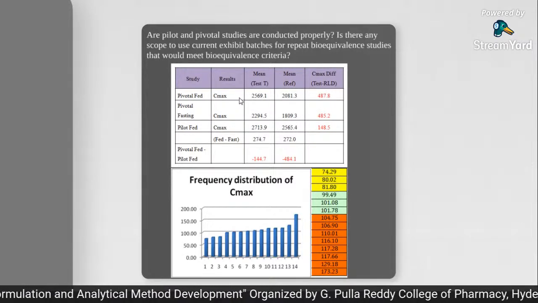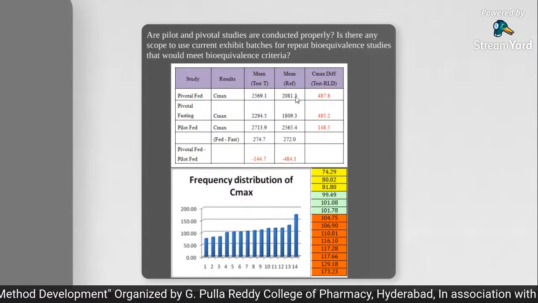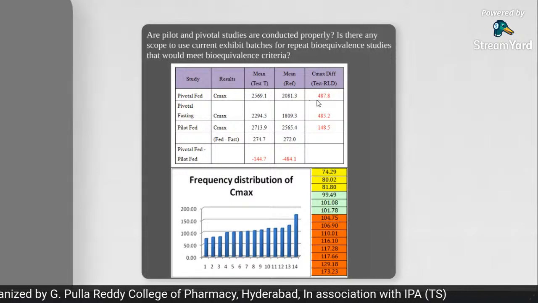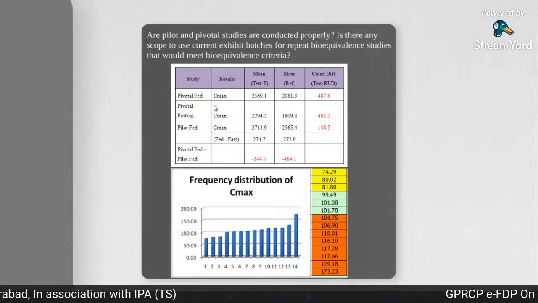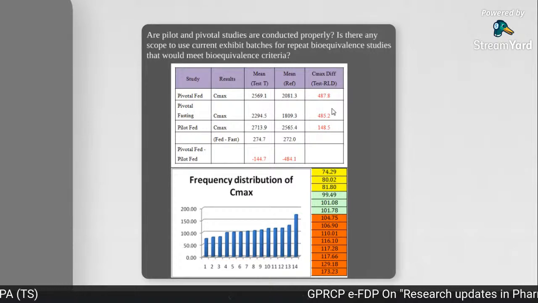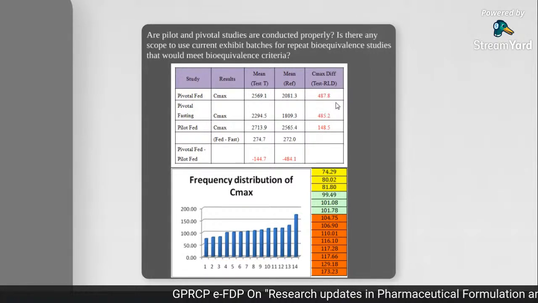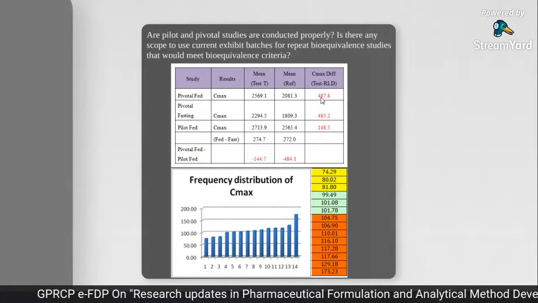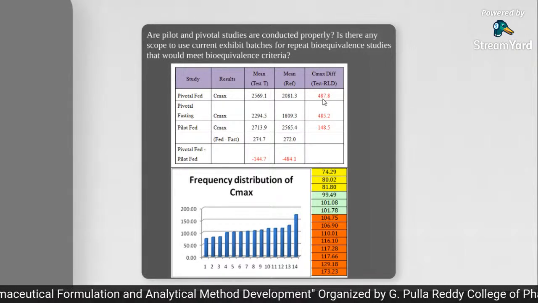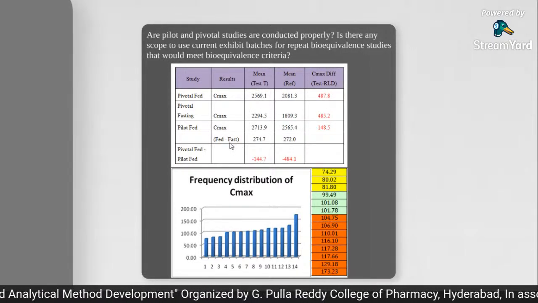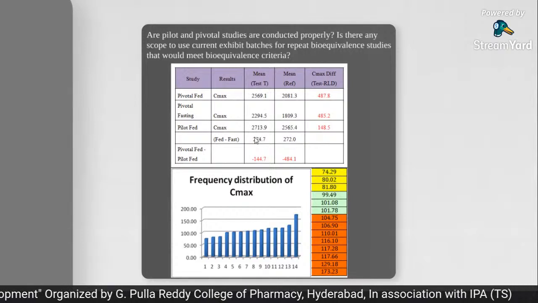Here you see the difference between Cmax test versus reference. The difference between these two is 487. Even in the fasting, Cmax between these two is 485. It is not the ratio I'm telling, it is the Cmax value difference, 487 and 485. And if you look into the data, fed minus fasting, the difference is 274.